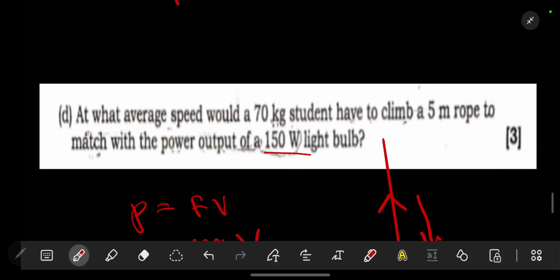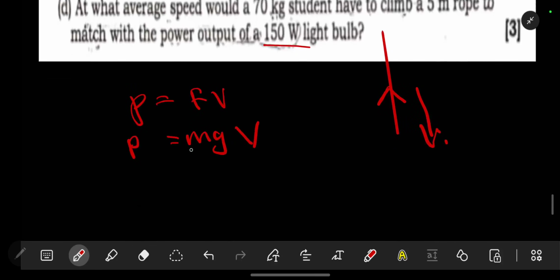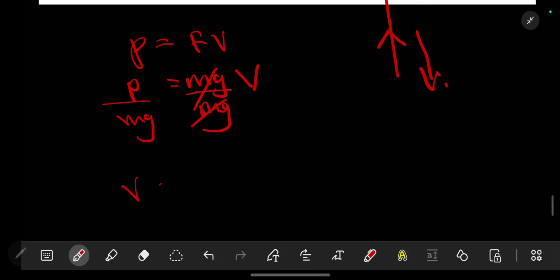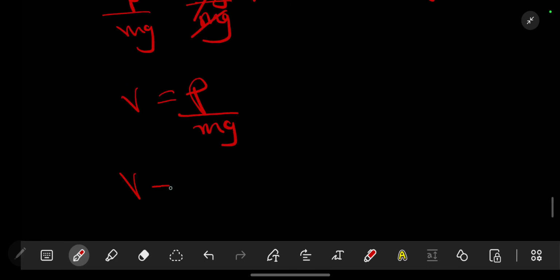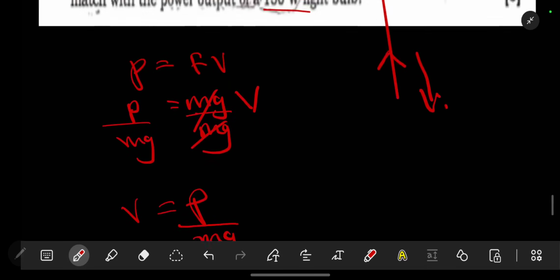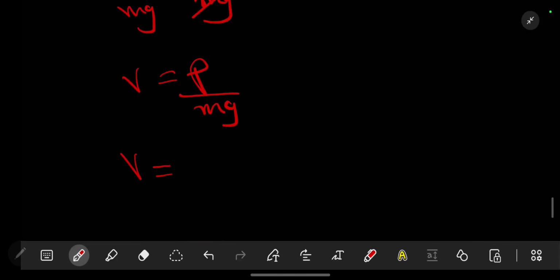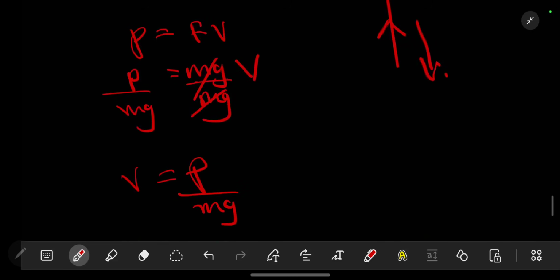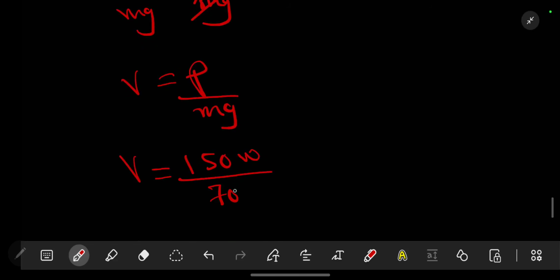We are told at what average speed, so to leave v alone, we divide by mg. This gives us v equal to power over mg. Our power is 150 watts over the mass of this person, which is 70 kg, times 9.8 newtons per kg.